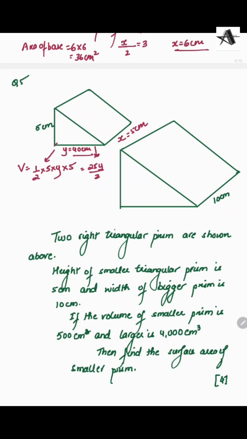This triangular prism has 5 faces. This one, the front and the parallel one, there are 2 faces, the 2 triangles. This is the triangle and this one is the triangle, the front and the rear. These 2 triangles will have the same area. The bottom will be a rectangle, and similarly these two.